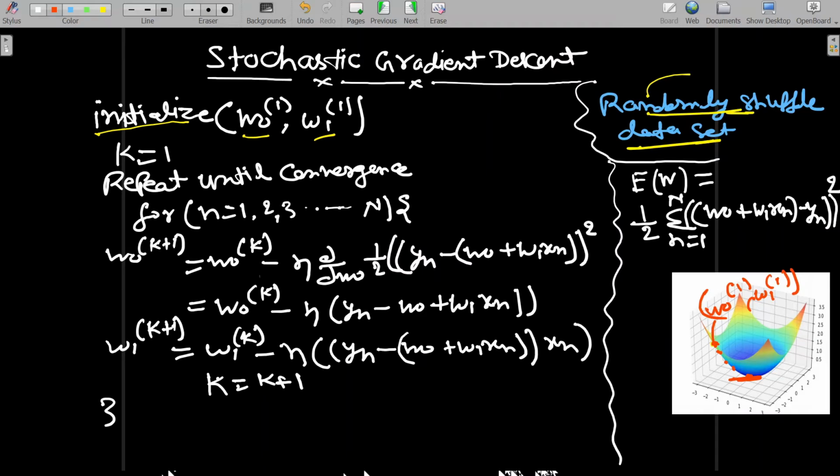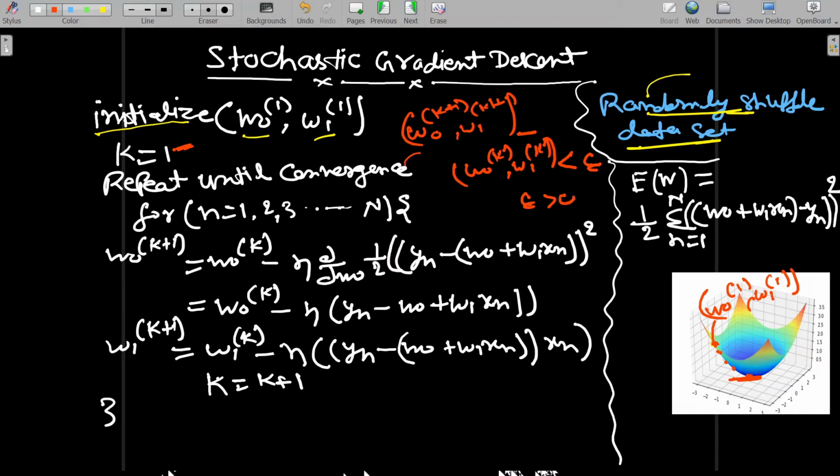That w0 and w1. So it is starting from k equal to 1, repeat until convergence. Convergence I have already explained to you. So if w0 k plus 1, w1 k plus 1 minus w0 k and w1 k is smaller than epsilon, where epsilon is greater than 0 and sufficiently small, tending towards 0.